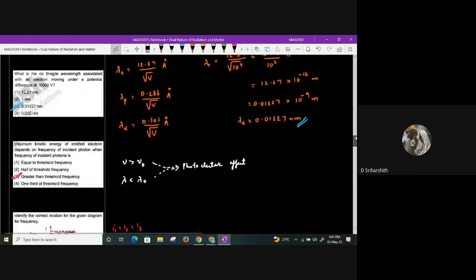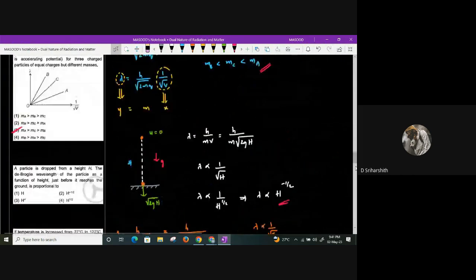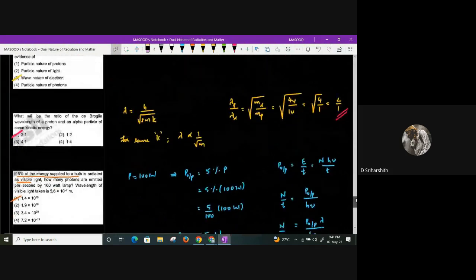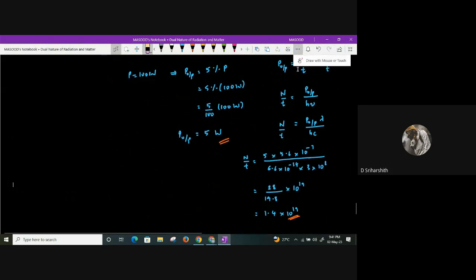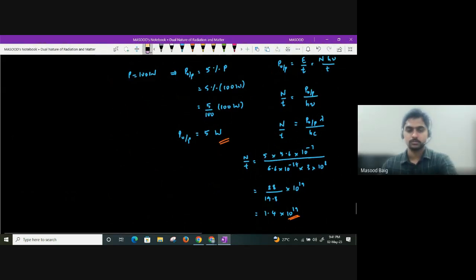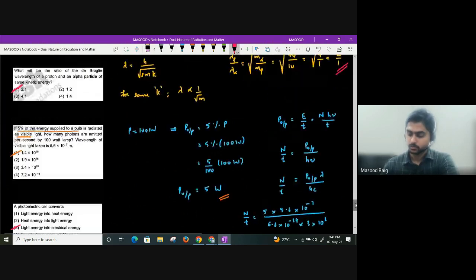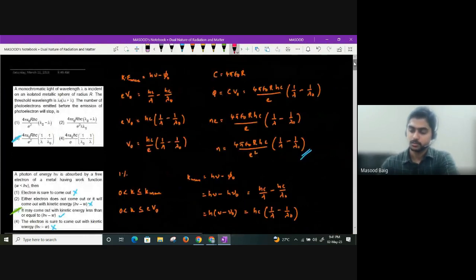Acha. A photoelectric cell converts light energy into electrical energy, guys. These were some questions which I thought of discussing from dual nature, right?